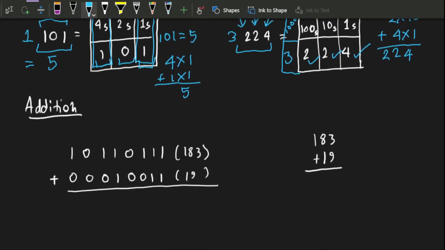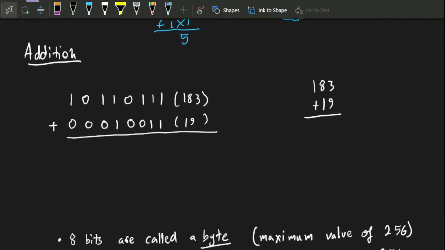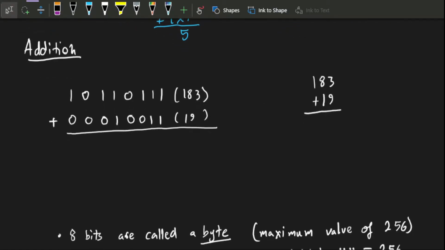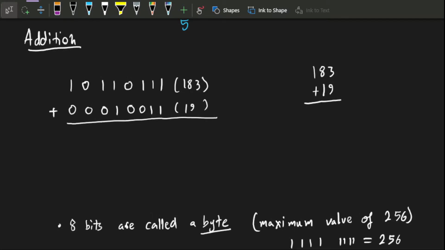Okay, moving on to the addition of numbers. In this section, we will also give the examples of decimal numbers and how they are represented. So the addition of decimal numbers is done by simple calculations that we learned in elementary school. 9 plus 3, we know that 3 plus 9 equals 12, but this 1 is an extra.